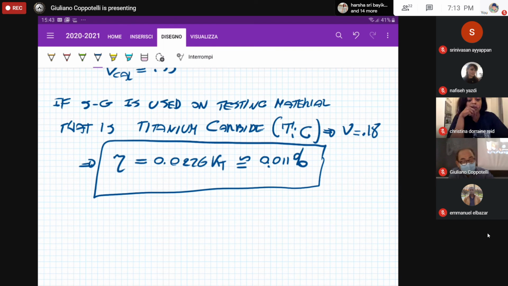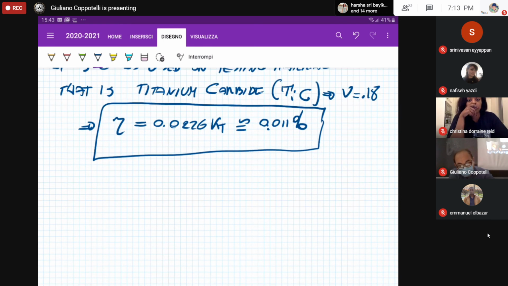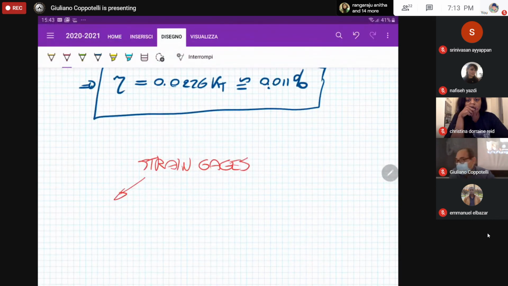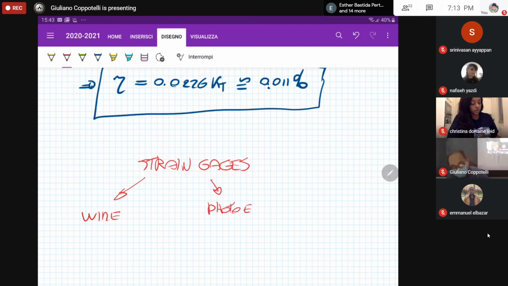So, strain gauges are found at the store in a wire configuration, as I told you before, or in a modern version that is photo engraved on a host structure.